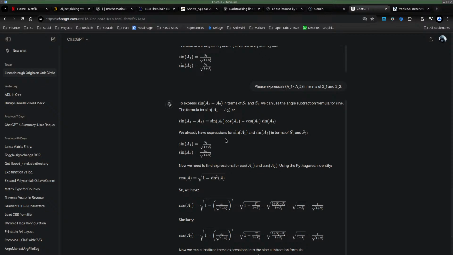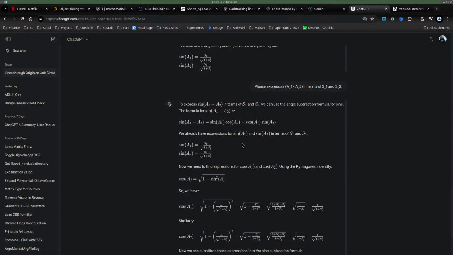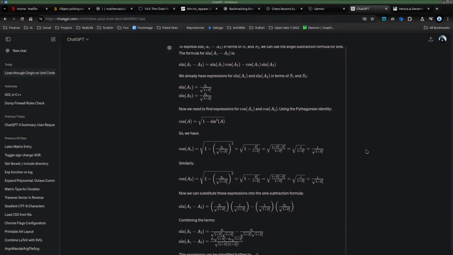You have an expression in terms of, yep. The sine of a1 is that, and that. Now we need to find an expression for the cosine of a1 and cosine of a2 using the Pythagorean identity.